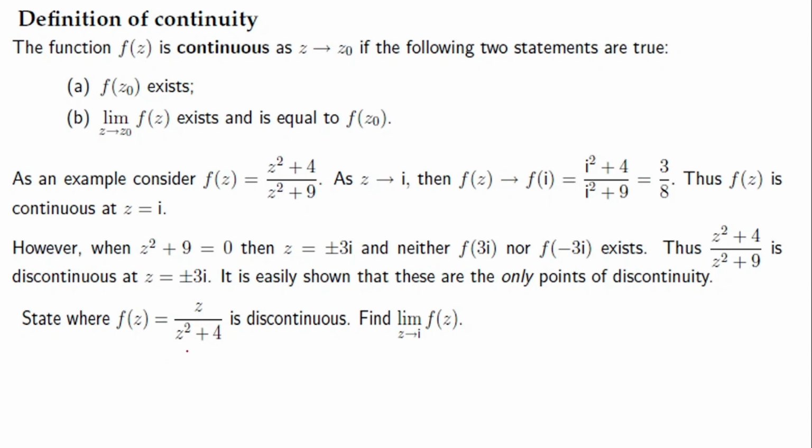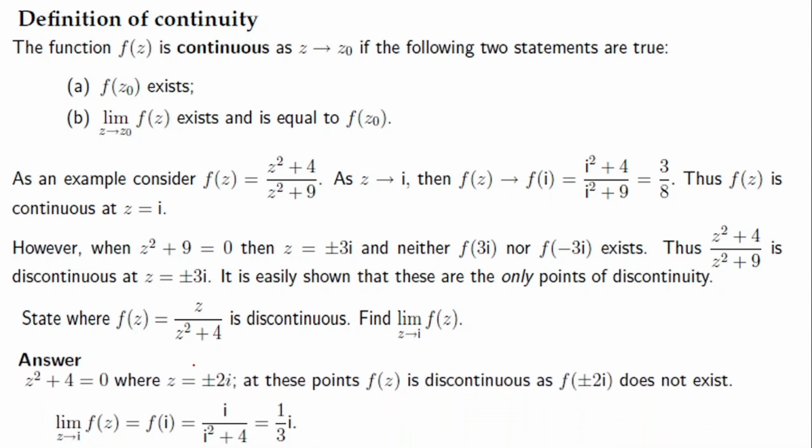Plus or negative 2i. Correct. And what is the limit when z goes to i? That will be i over i squared plus 4. Perfect.